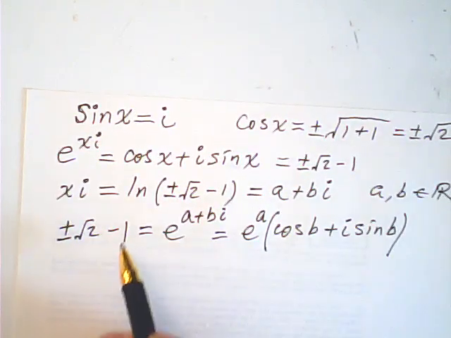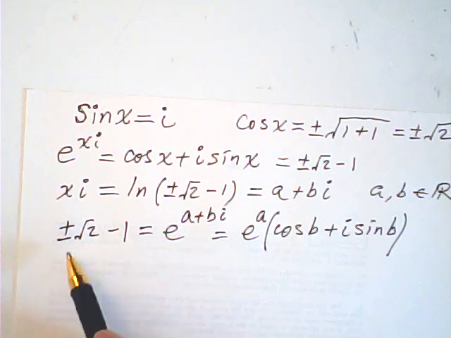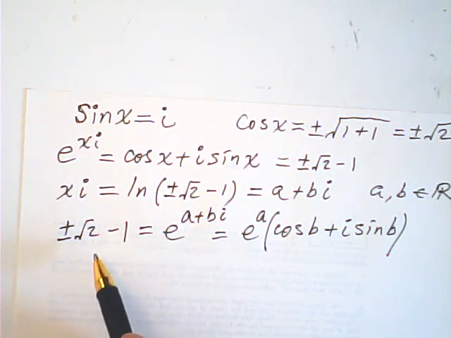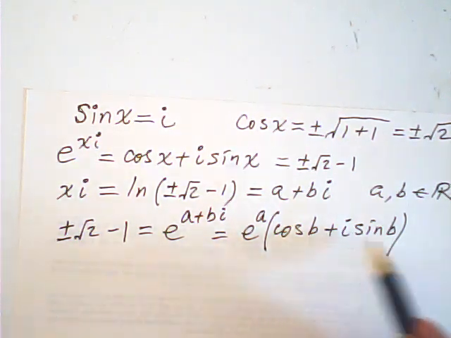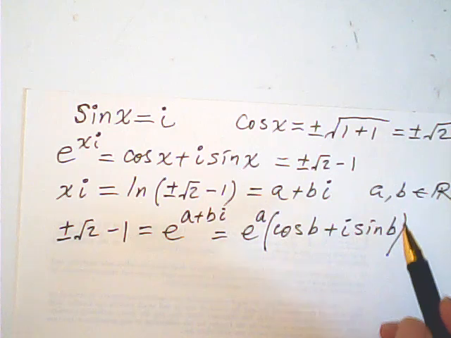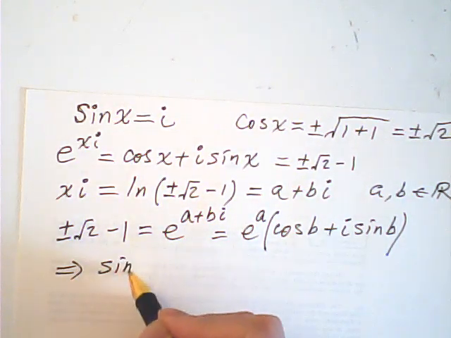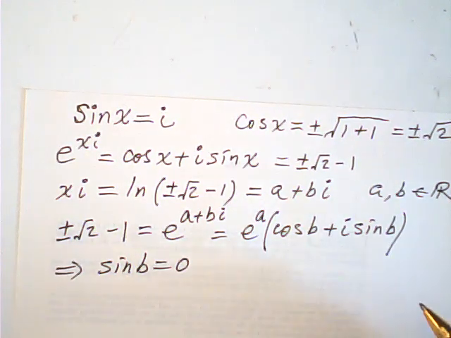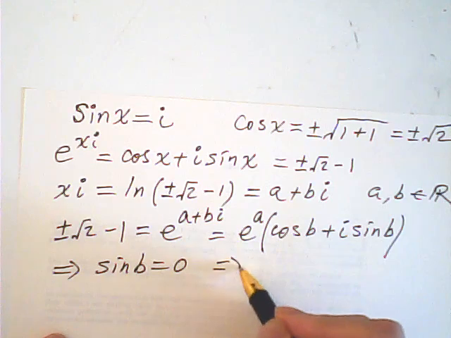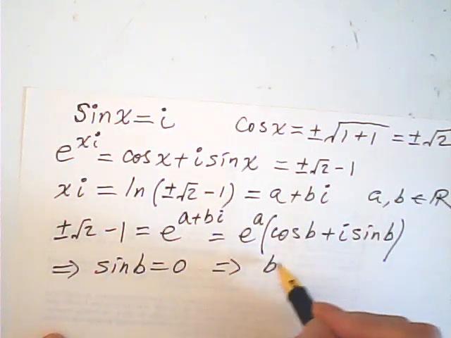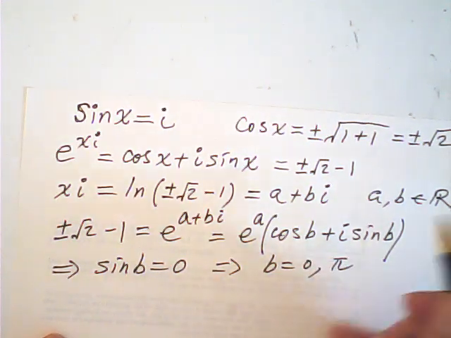Now, this is a complex number that has no imaginary part. So the imaginary part must be 0. So this says sine b must be 0. So this means that b equals 0 or pi.